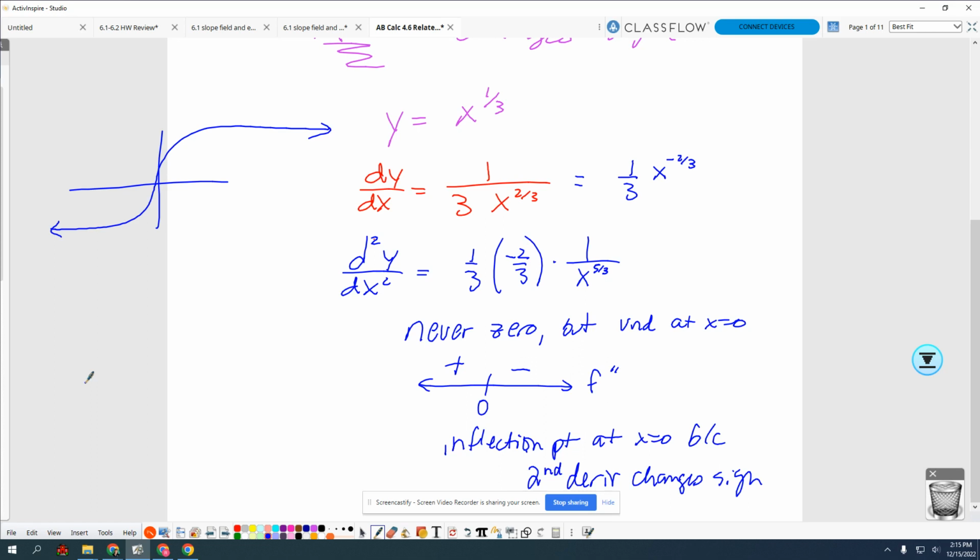There's a vertical tangent here. The function exists over all reals. The first derivative: it's not a max, not a min, vertical tangent. Second derivative, also undefined there. And look, this is concave up because it's part of the happy face, and this is concave down because it's part of the frowny face. Inflection point at x equals 0.